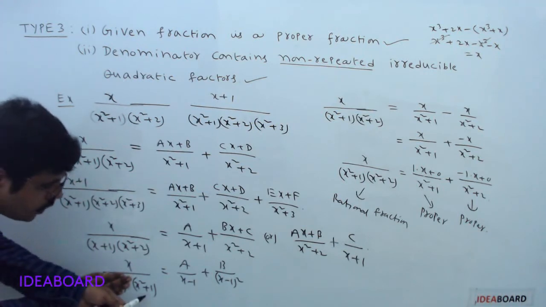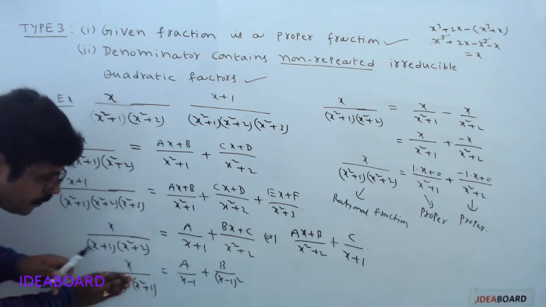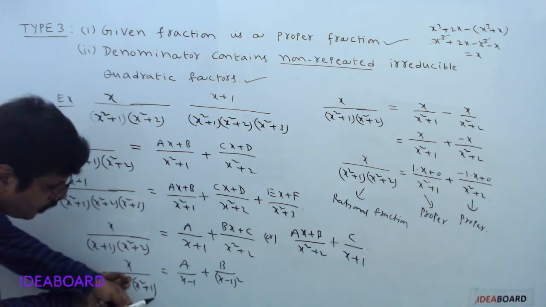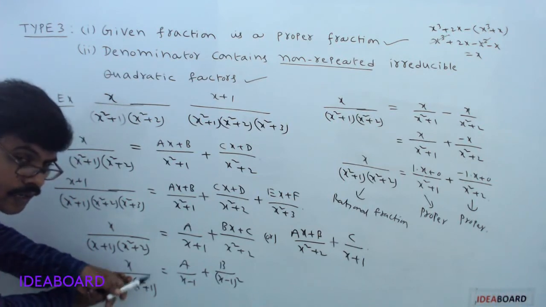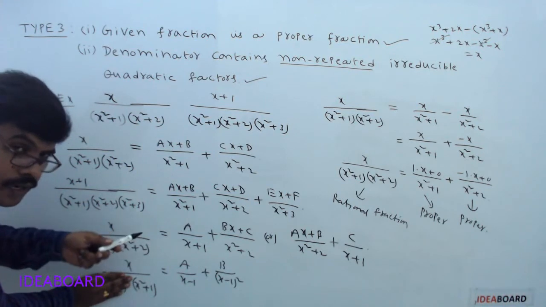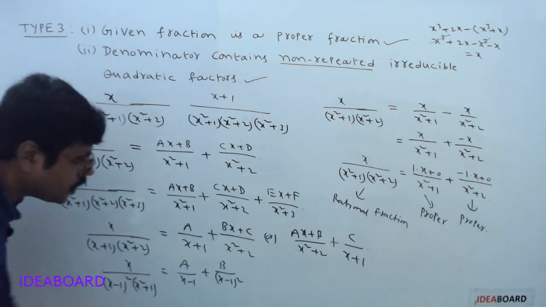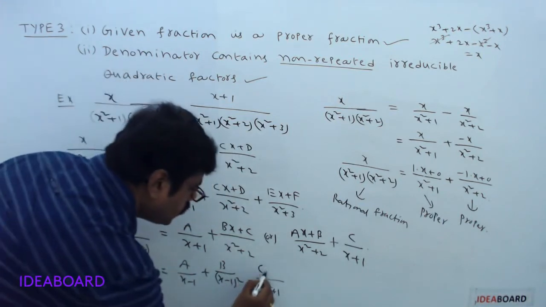It is a non-repeated irreducible quadratic factor. Corresponding to every non-repeated irreducible quadratic factor, there exists a linear factor in its numerator. So corresponding to this one, what is the partial fraction?